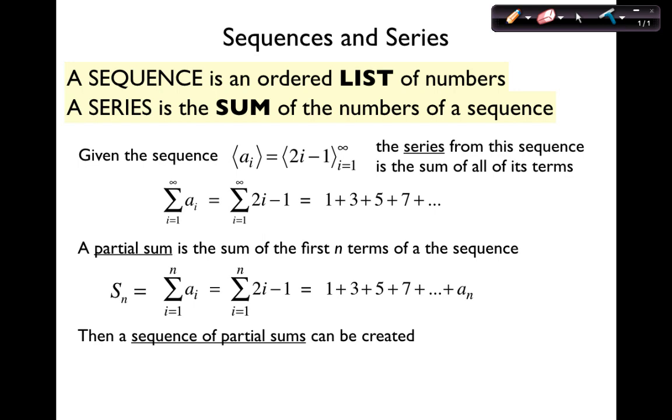So the sequence of partial sums means take every partial sum and make a list out of those. Take the first partial sum, then the second, then the third, like this: S1, then S2, then S3, then S4.